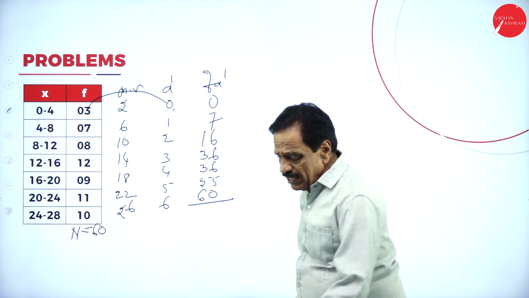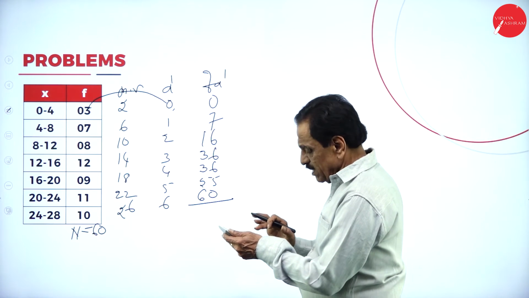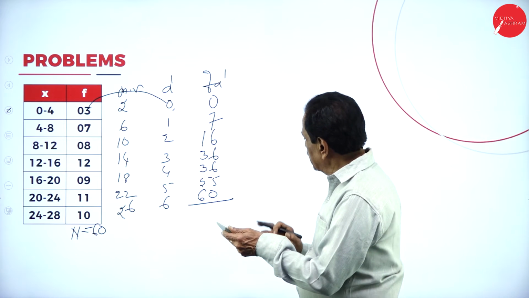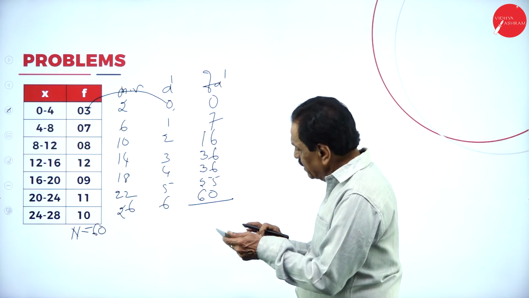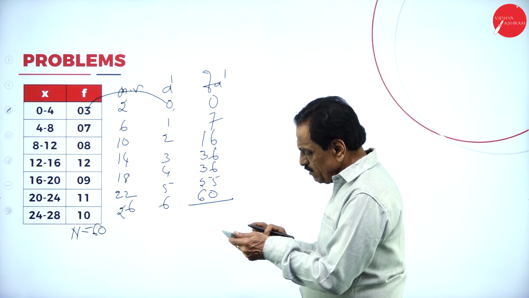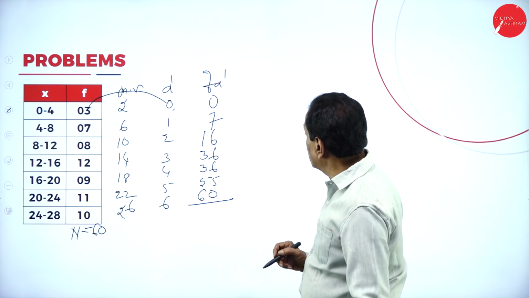I have multiplied. Now add the figure. 7 plus 16 plus 36 plus 36 plus 55 plus 60 is equal to 210.